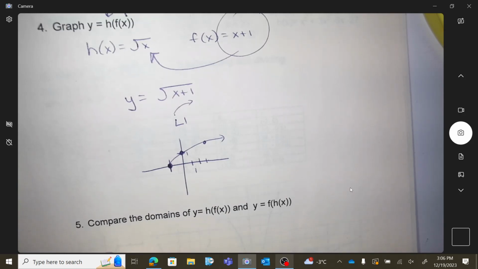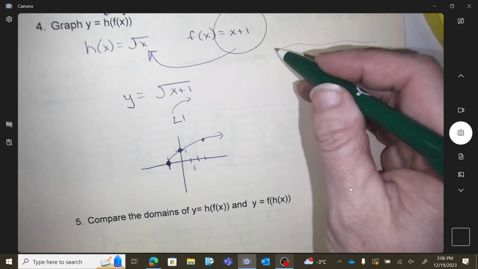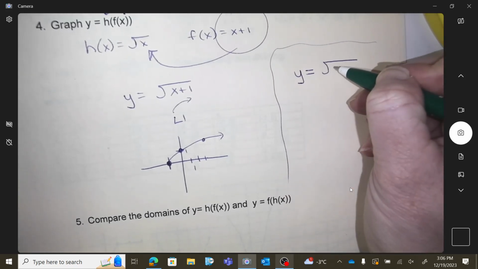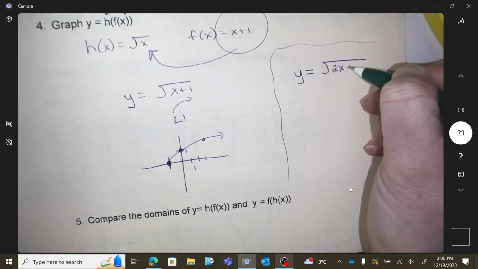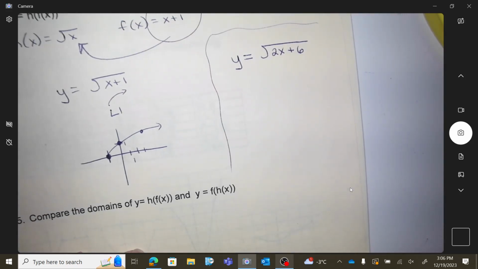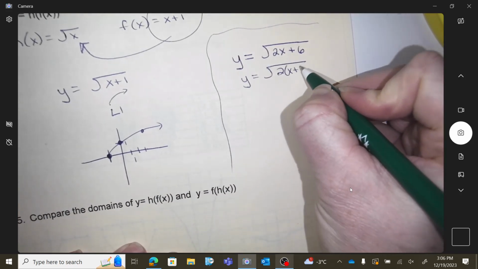Should I go back to radicals and give you a harder one just in case? Yes. What if I told you to graph that radical? You need to factor out. Instantly, you need to factor out that 2. So you should look at it like this.